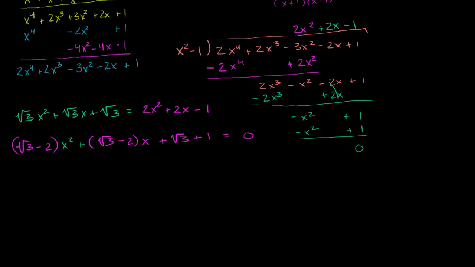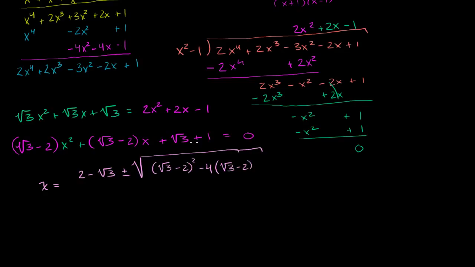So I can use the quadratic formula. So x is going to be equal to negative b. This is b right here. So negative b, you can swap those. So it's 2 minus the square root of 3 plus or minus the square root of b squared. So square root of 3 minus 2 squared minus 4 times a, that's the square root of 3 minus 2, times c.